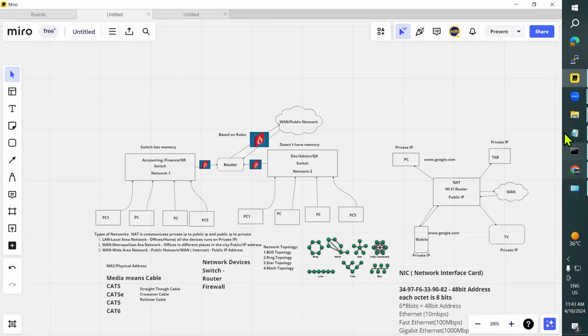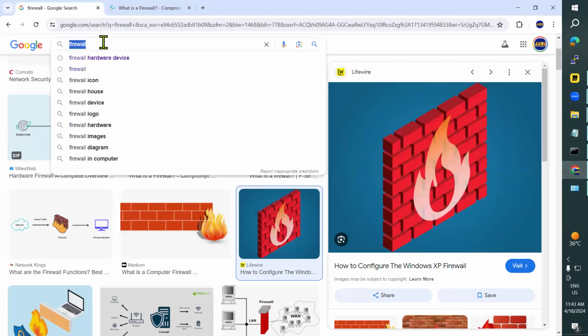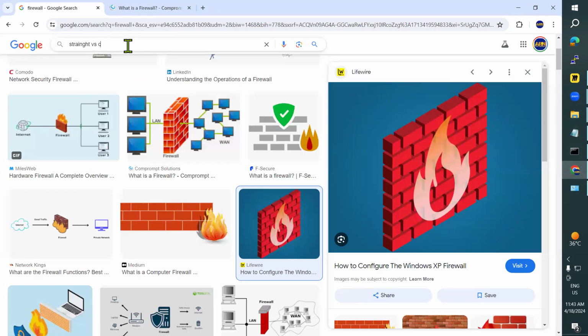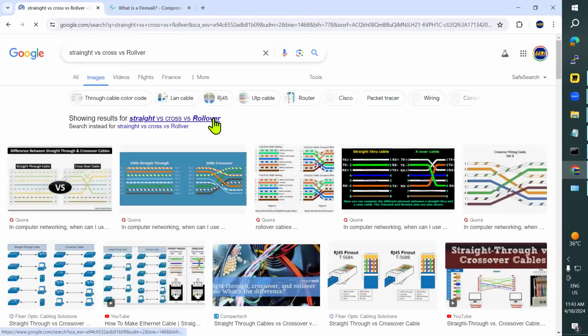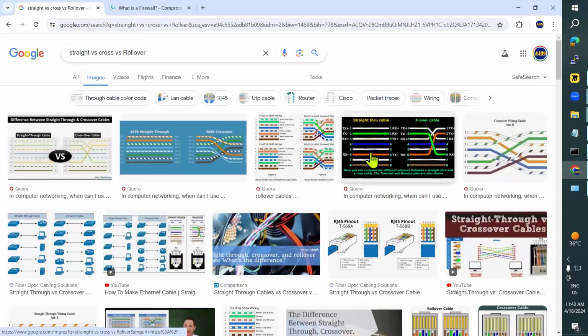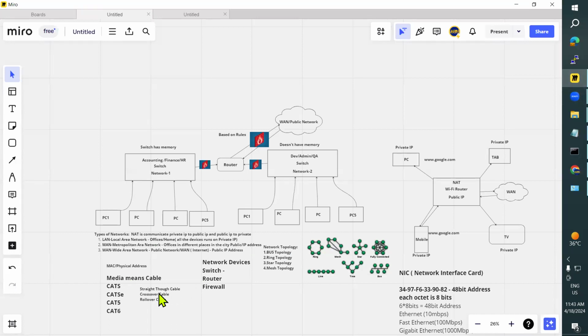Let me show you straight versus cross versus rollover. First, let me explain where we are using these cables.